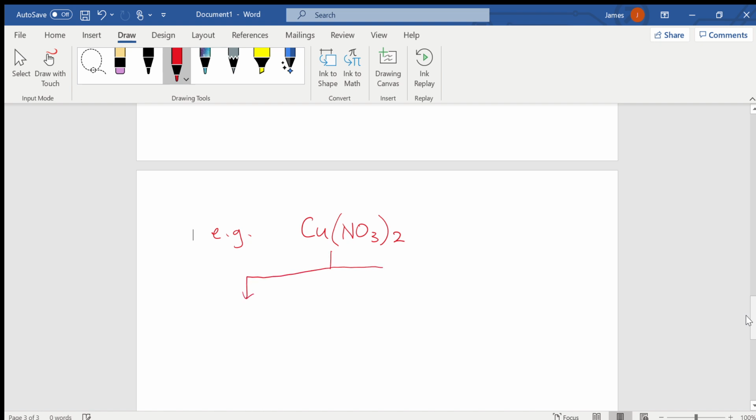Alright, so let's split this up. So we have our variable charge metal. Now on this occasion, let's assume that you've already learned the polyatomic anion charges. So you know that this thing in the parentheses has a -1 charge, and there are two of them. So I must have copper 2.